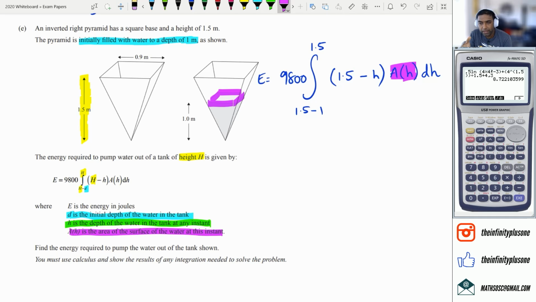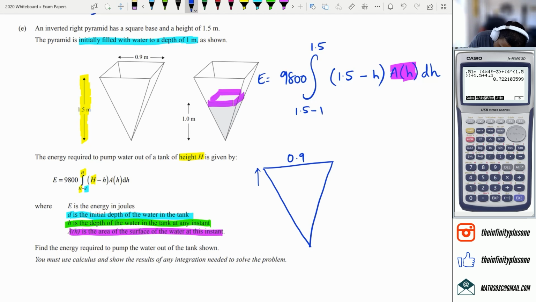So think back to what things you could use. Can you use trig? Well, we don't really have any angles. So let's draw this out. If we draw this out as a little cross-sectional area, then what you should see is that this is 0.9 and this is 1.5 so far.